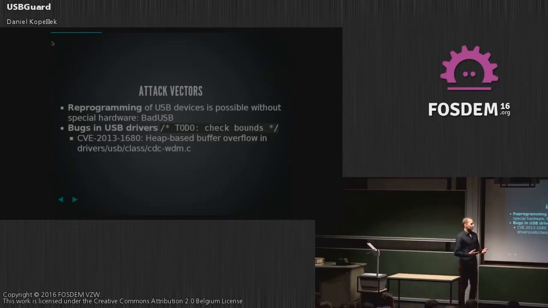It requires knowing the protocol the manufacturer uses to send firmware to the device, so you have to reverse engineer, and it's a bit harder. But it was done by the guys who created the bad USB attack on some commonly used chipsets.